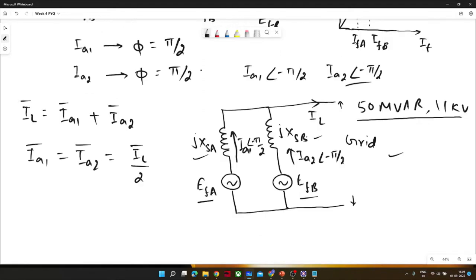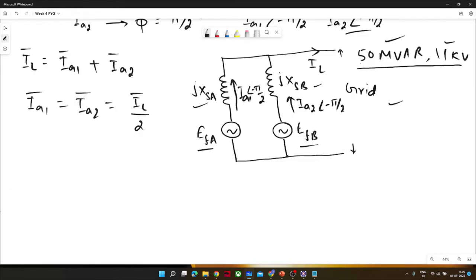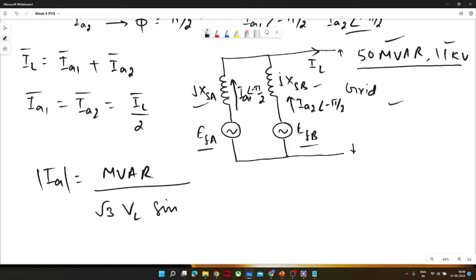If any question on a synchronous motor is given with either apparent power, real power, or reactive power, it doesn't matter, you can calculate the armature current. That is true for any problem. The reactive power and voltage are given here, so we can calculate the current by the formula IA is equal to MVAR divided by root 3 VL sine phi.